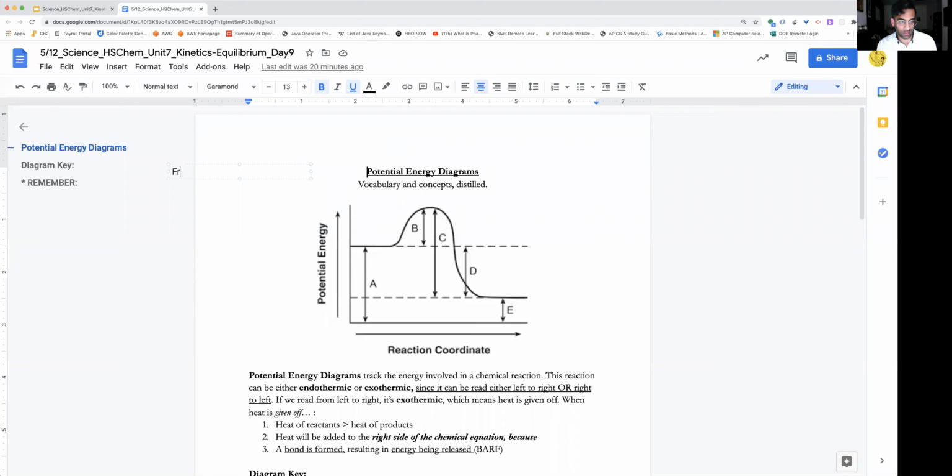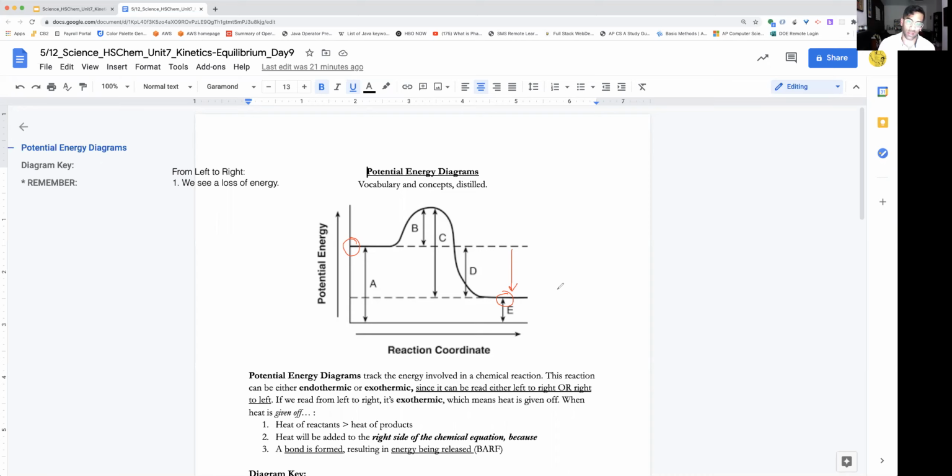From left to right, number one, the first thing is that we see a loss of energy. This point is higher than this point here, which means that there has been this much loss of energy between them, labeled by letter D, the change in energy from beginning to end.